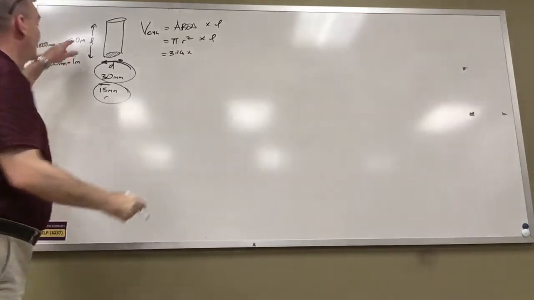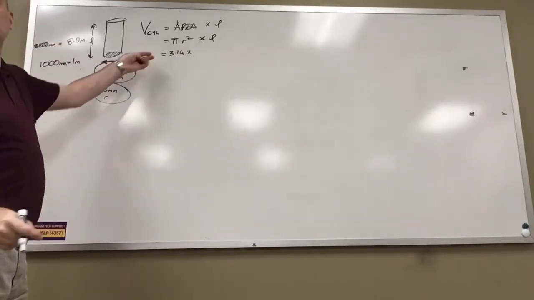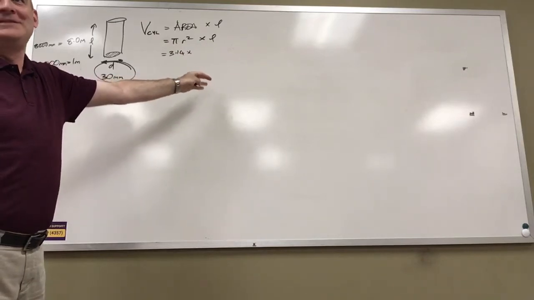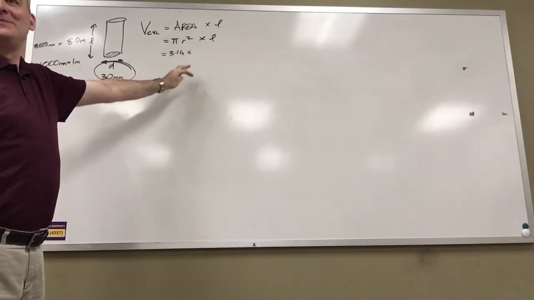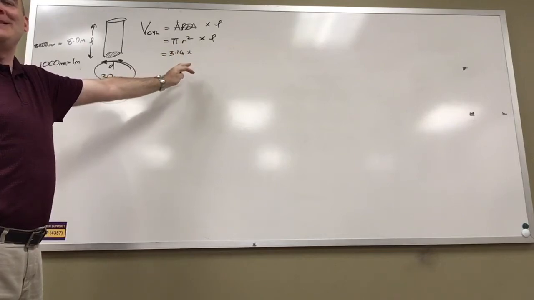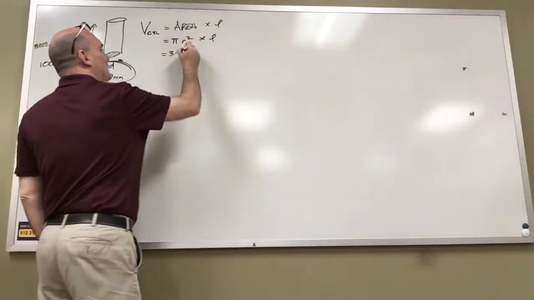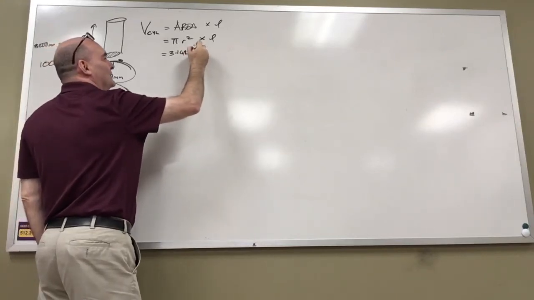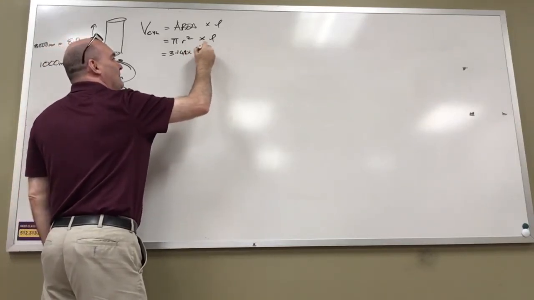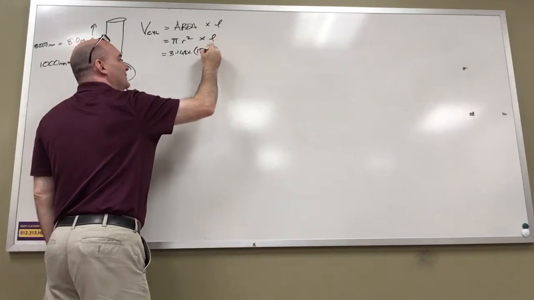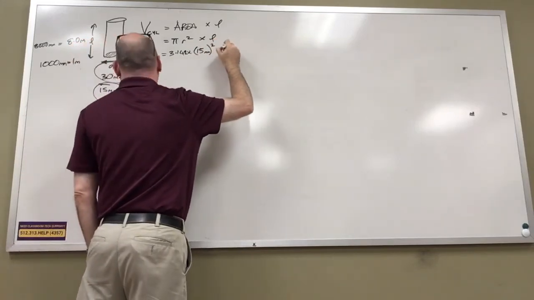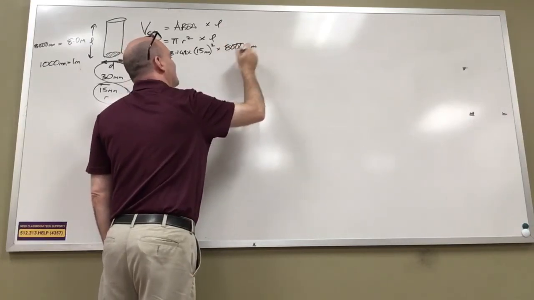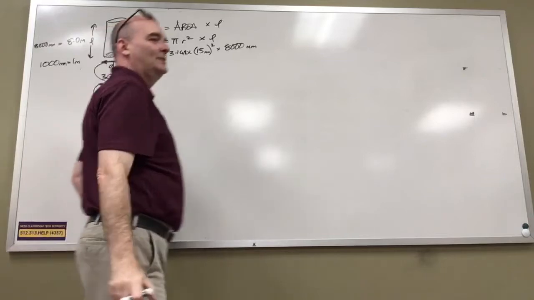I only have 2 significant figures in my question, but we should still not round pi. Don't round it to 3.1, right? 3.14159 will do, times my 15 millimeters squared, times the length, which is 8,000 millimeters, gives me an answer.